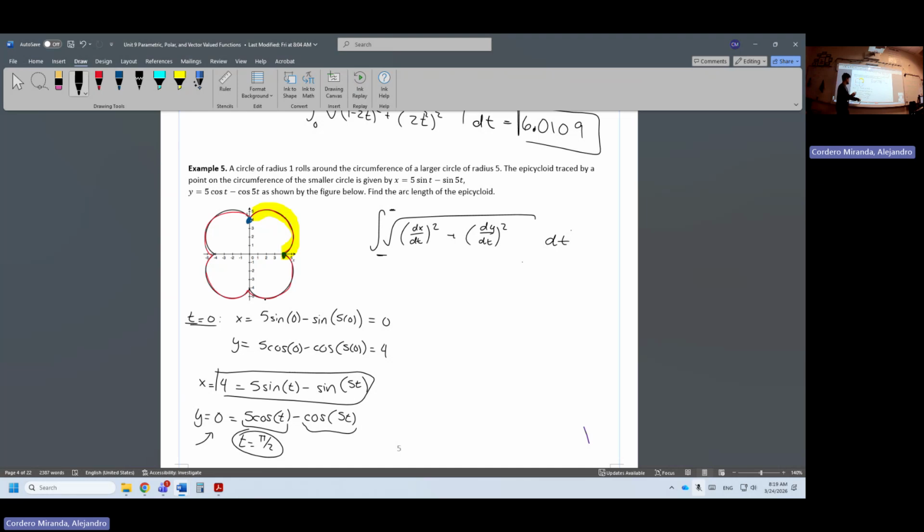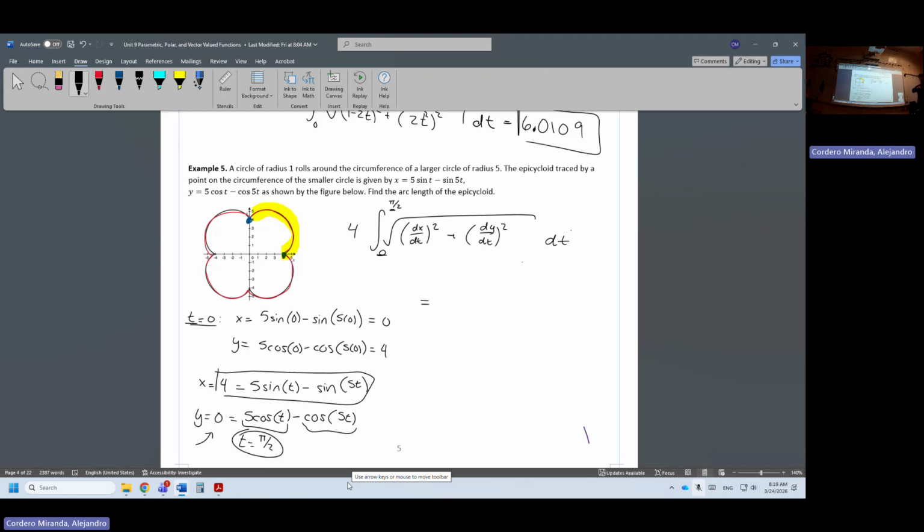So if I go from 0 to pi over 2, I will get that highlighted bit, this highlighted section of the little flower thing. But I need 4 of those since that's only 1/4 of the actual little flower. So I just took this and multiplied it by 4.